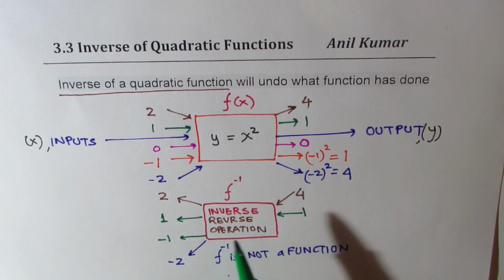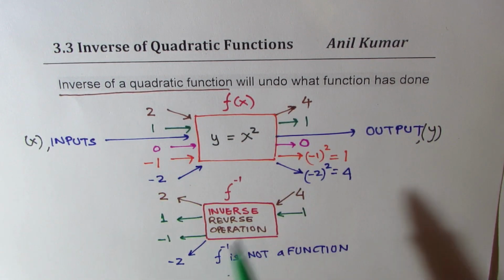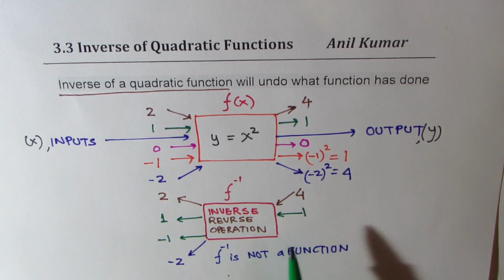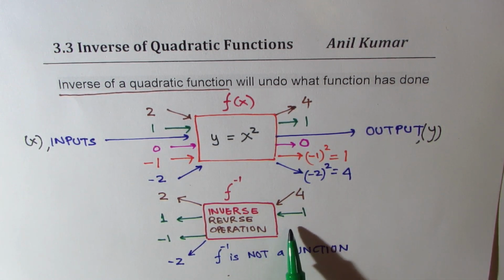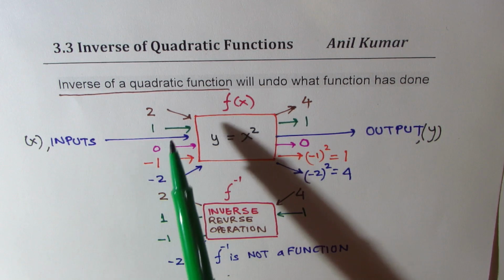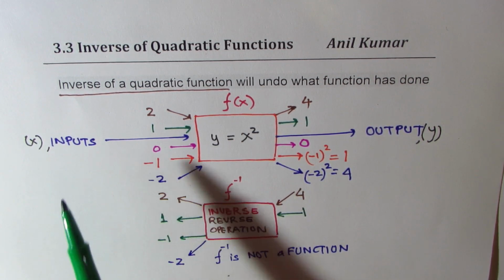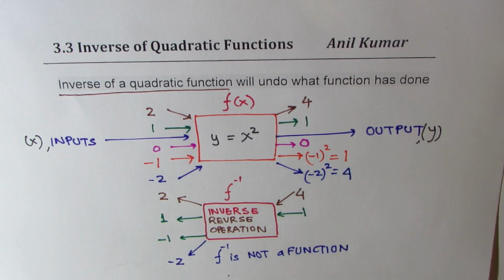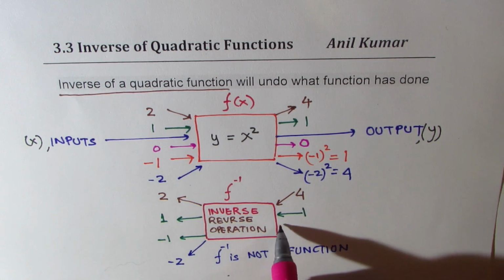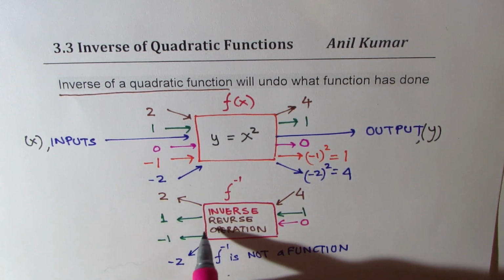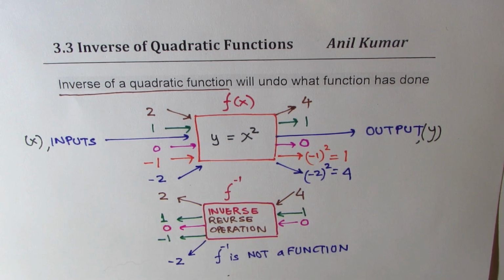Whenever we are working with quadratic functions, what we notice is that when we feed in the values, we may not get the actual value which was the cause of that value. Only for one value does it work, which in this case is 0. If I feed in 0, we know we are going to get out 0.